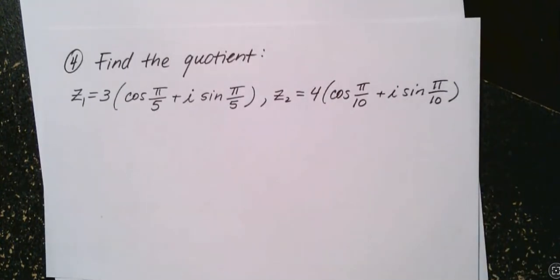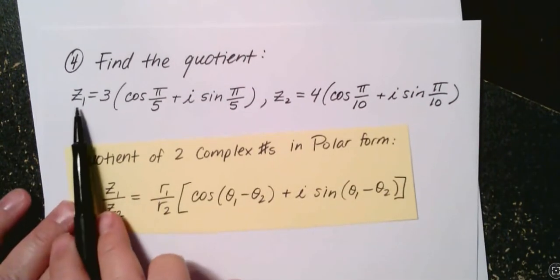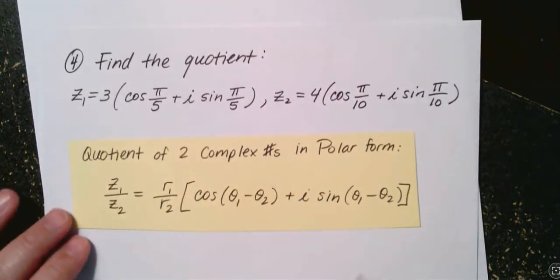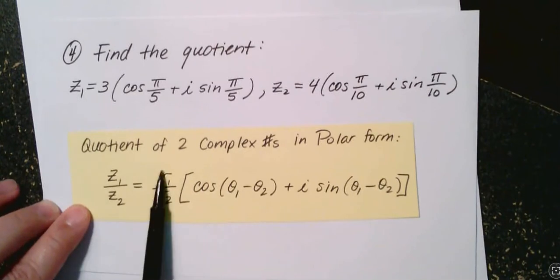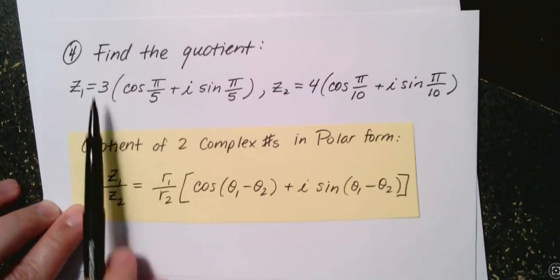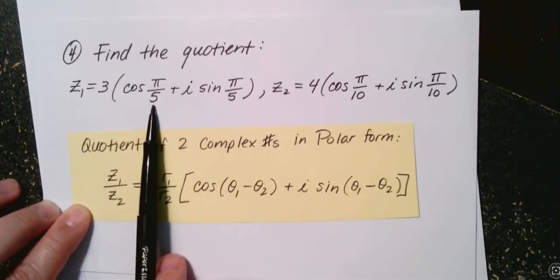Find the quotient. Same thing. Same formula. Only difference was I wrote the two complex numbers side by side, just for space. So I'm going to divide the r's, so 3 divided by 4, and I'm going to subtract my angles.